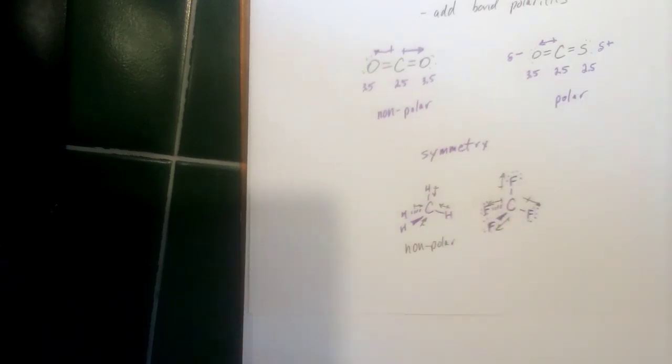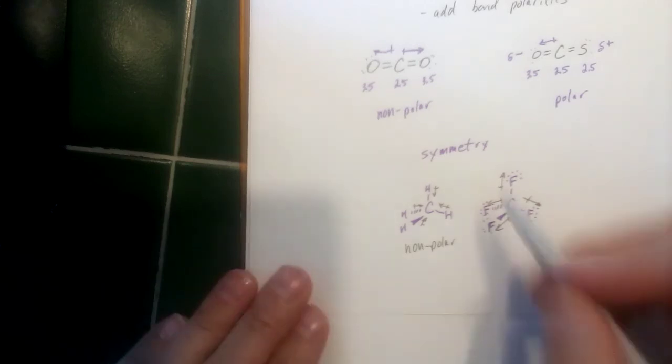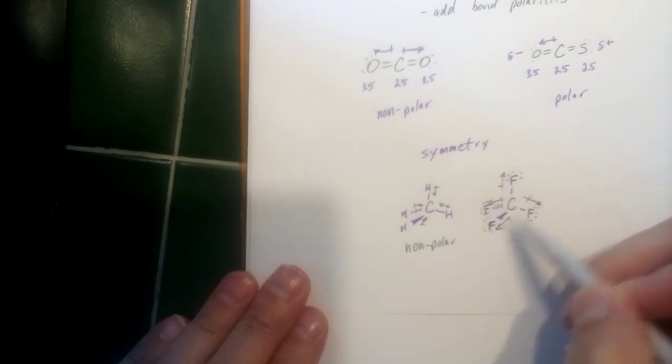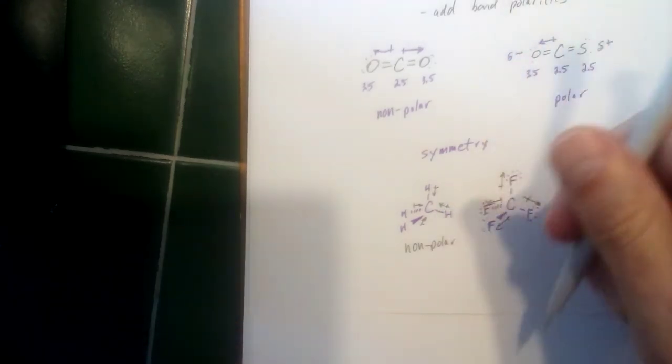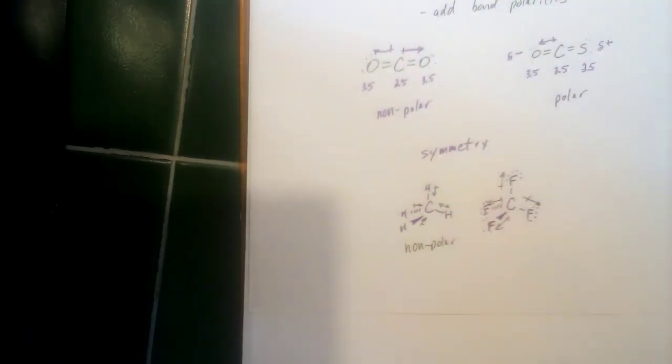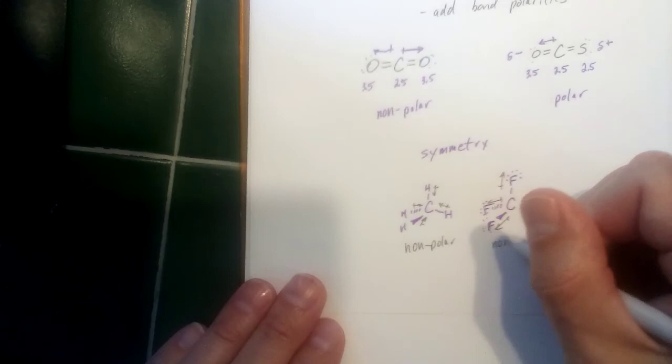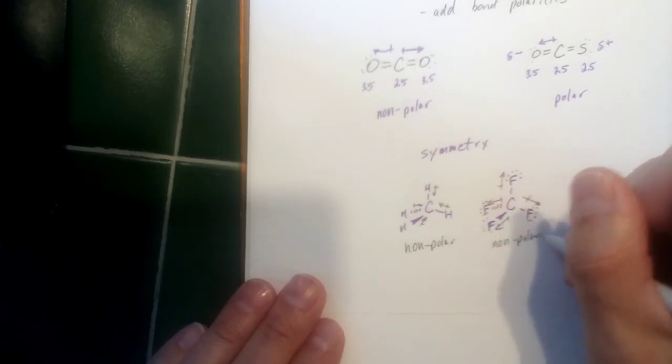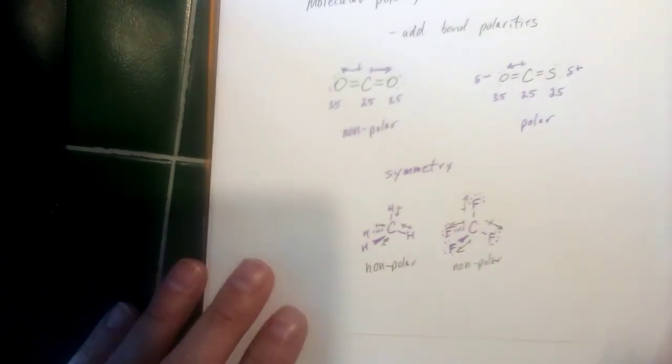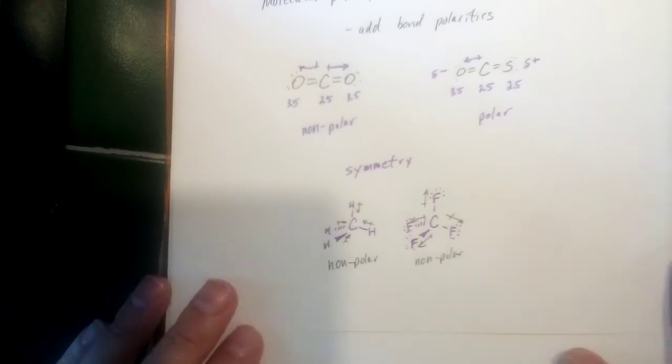But again, if it's a symmetrical molecule and all of the bonds are being pulled out, they're all canceling each other out. This one is pulling up, but all of these have a component that is pulling down, right? Even though they're not directly pointed down, they're all pointed to some extent down. This molecule would also be nonpolar, right? And it's symmetrical. But what happens if we break the symmetry of the molecule?